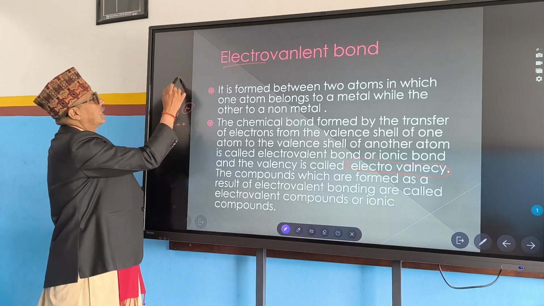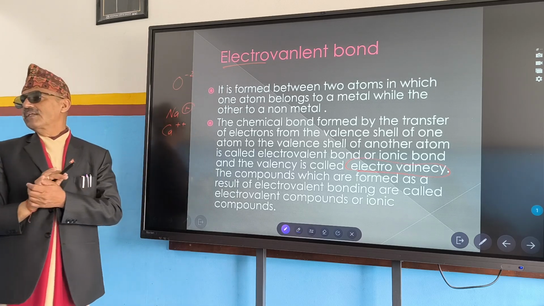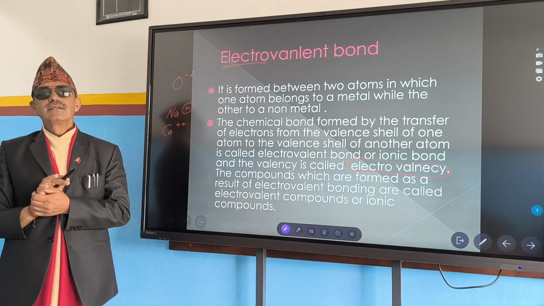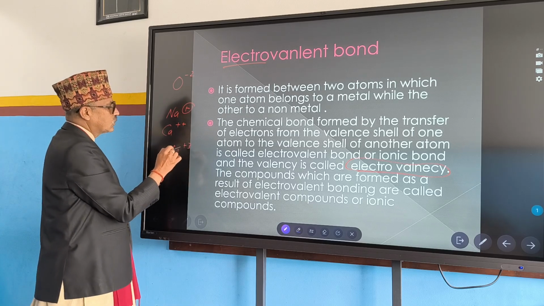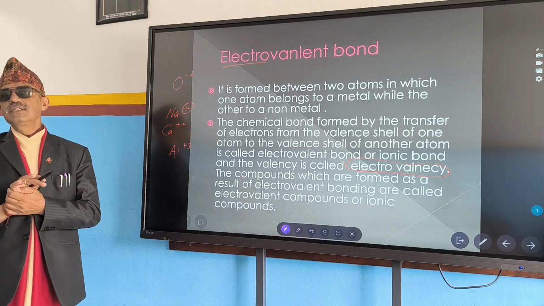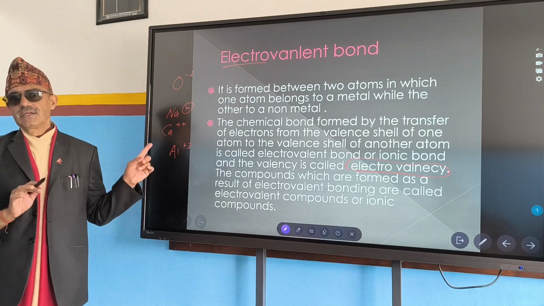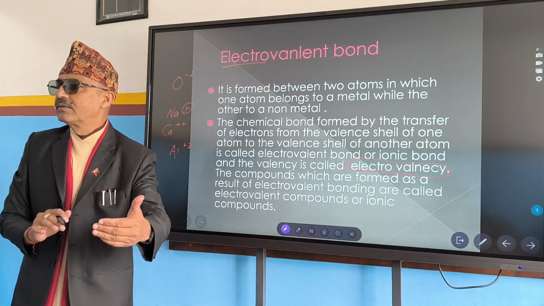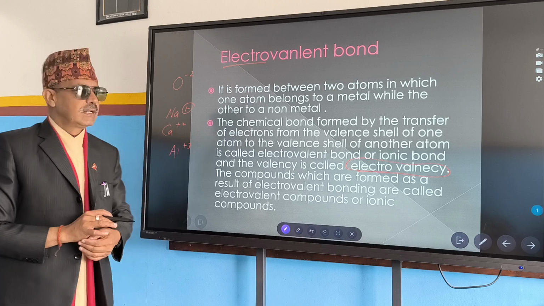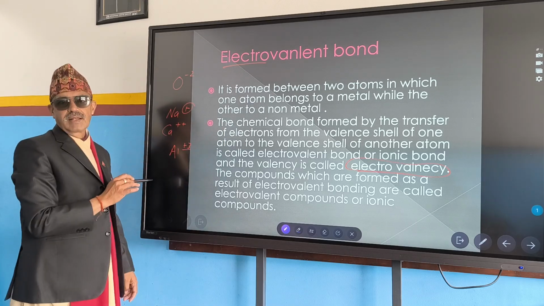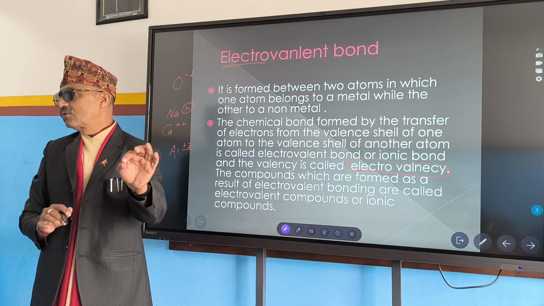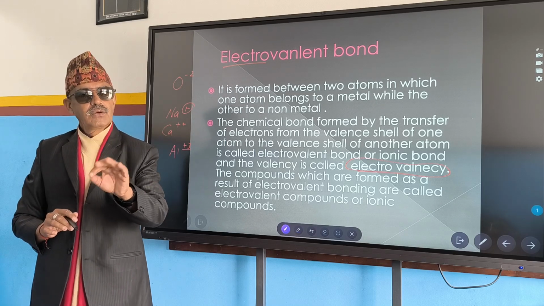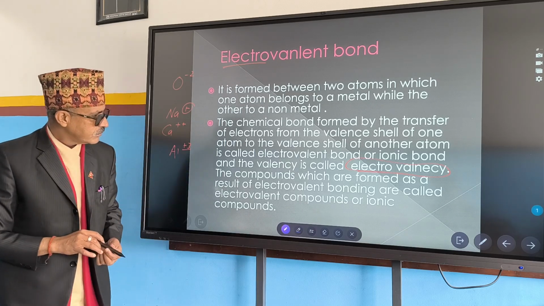If oxygen gains 2 electrons, the electrovalency is 2. If aluminium loses 3 electrons, the electrovalency is 3. The number of electrons moved from one atom to another is called electrovalency. Especially, the valency of an element is the electrovalency or covalency. Covalency we will be discussing next.